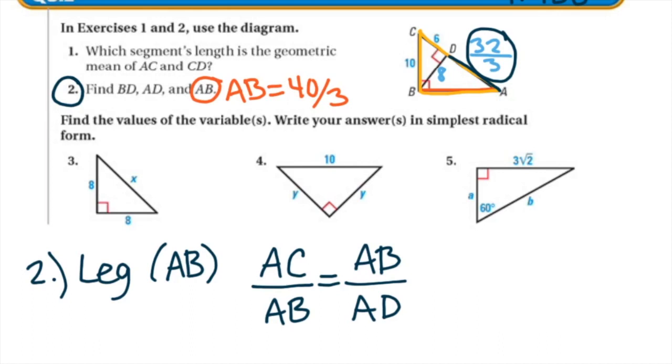So let's again just call the length of AB little b. It's unknown, so we'll just use that as a placeholder for now. And then everything else we have a value for. We have 8 and we have 32 over 3. And we also know the length of the entire hypotenuse is 50 over 3, as we saw earlier. So let's just fill everything in and solve this.